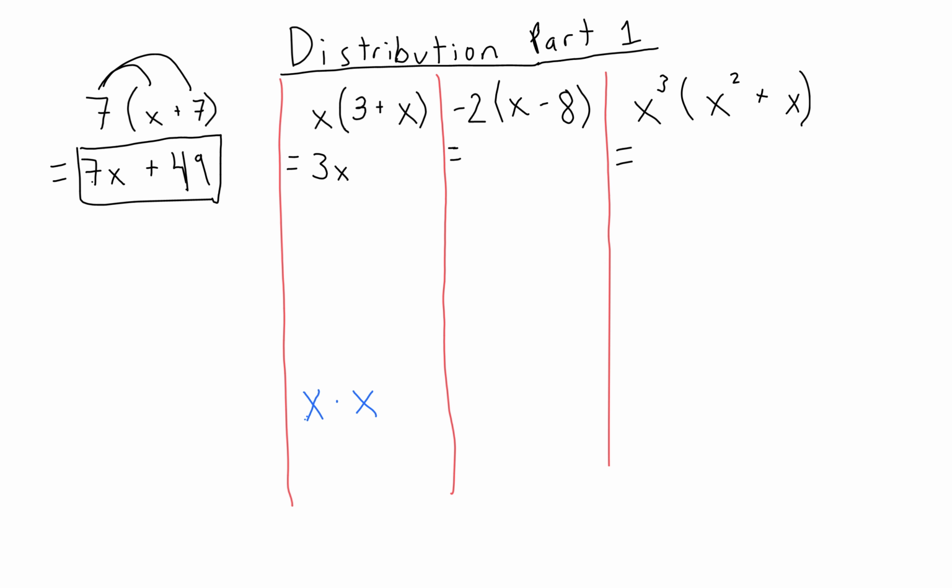Well, remember that when we multiply the same number twice, so something times itself, by definition, that is x squared. Okay, so we actually have plus x squared here.